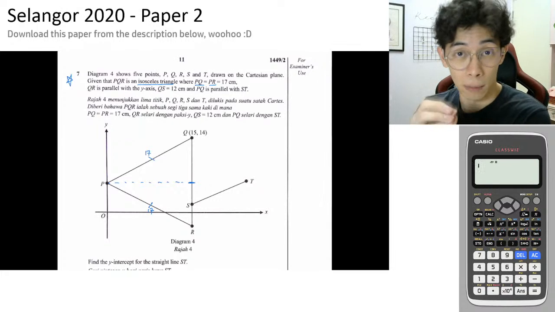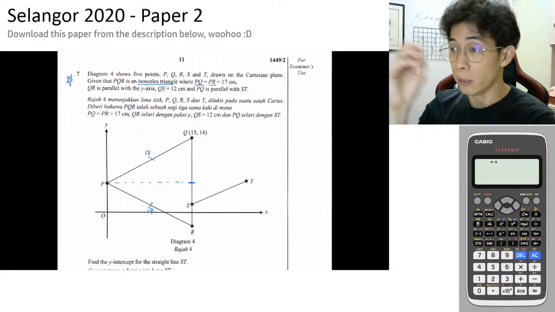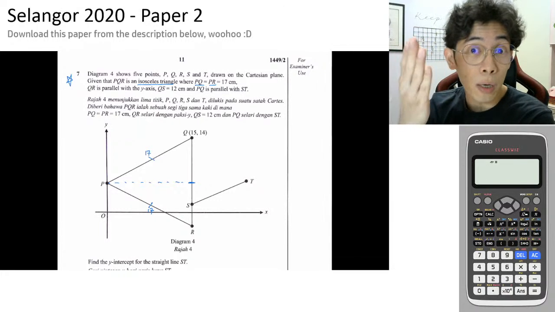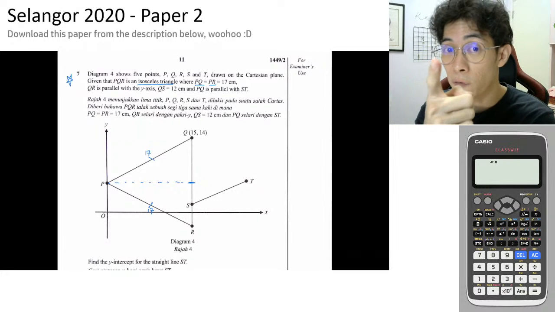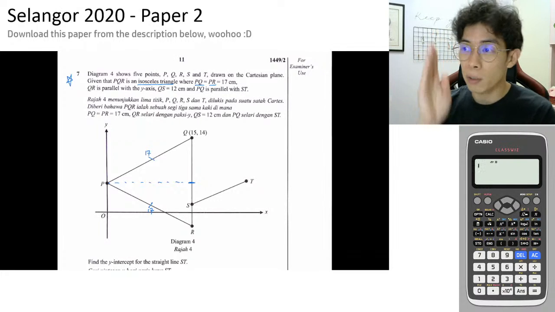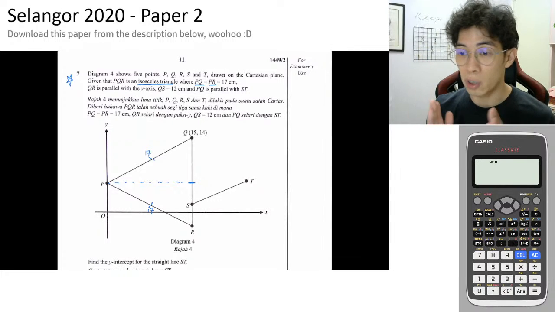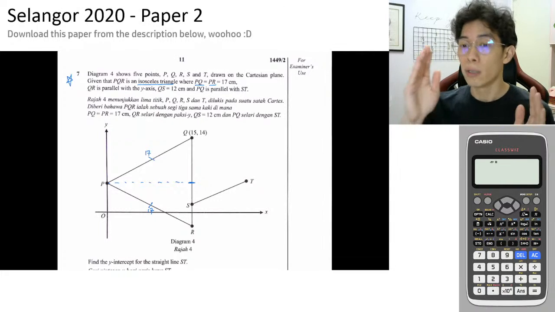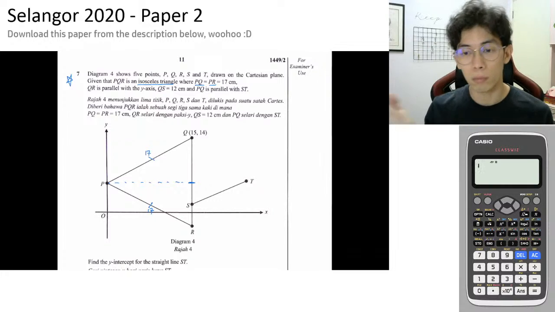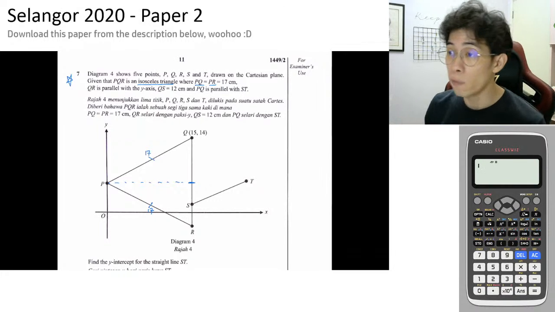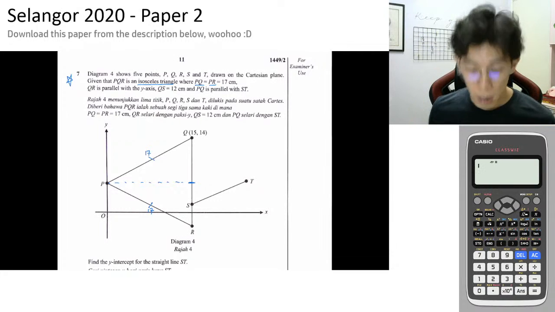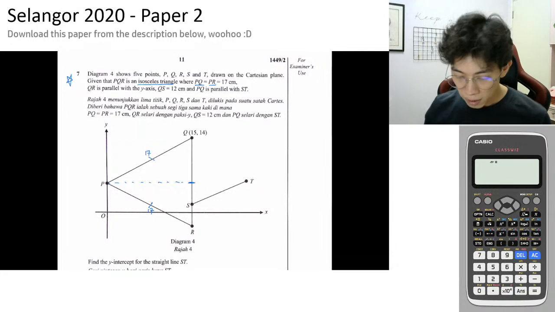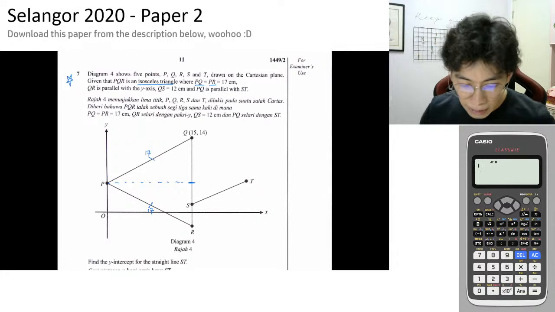You will get your gradient, either they give it to you or you solve it using y1 minus y2 over x1 minus x2. That's the formula we used just now. I'm going to repeat: 17 is not the gradient, but the units. So in this case it's quite obvious that you have to apply Pythagoras theorem. But let's go through first and see whether they need it or not.